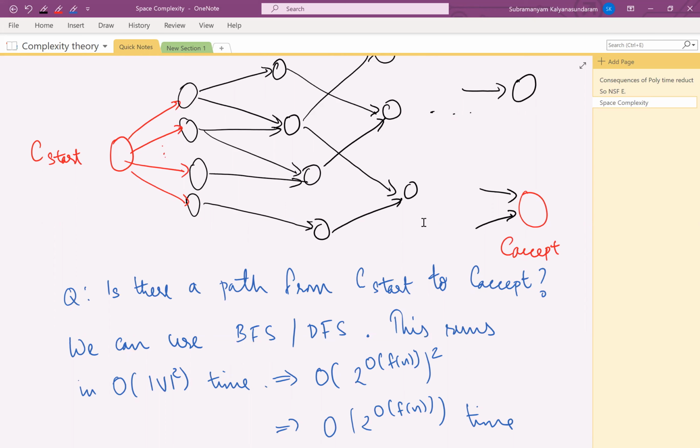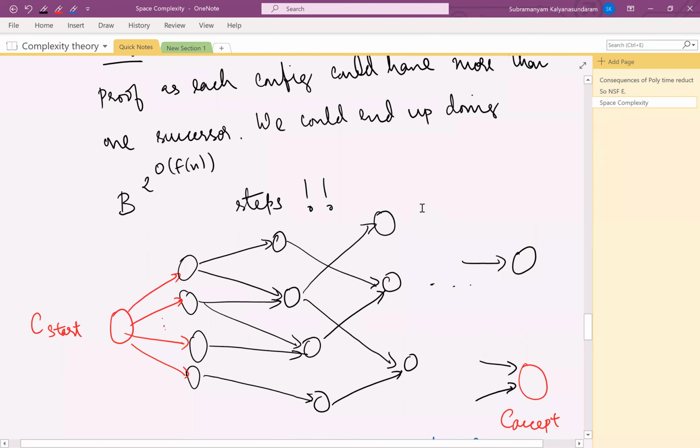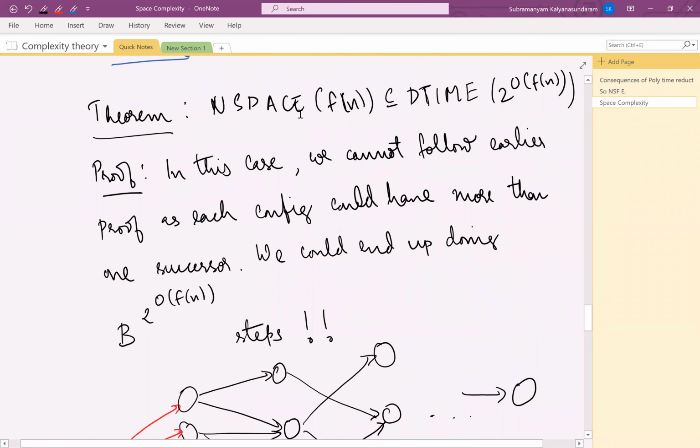So whenever it is at a certain node, it can simulate the n space machine. It can say this is the input, this is the configuration, this is the work tape, this is the head location, etc. What is the next configuration? And then it knows the next configuration, or what are the next configurations possible. The transition function of the non-deterministic space Turing machine will tell you the next states possible.